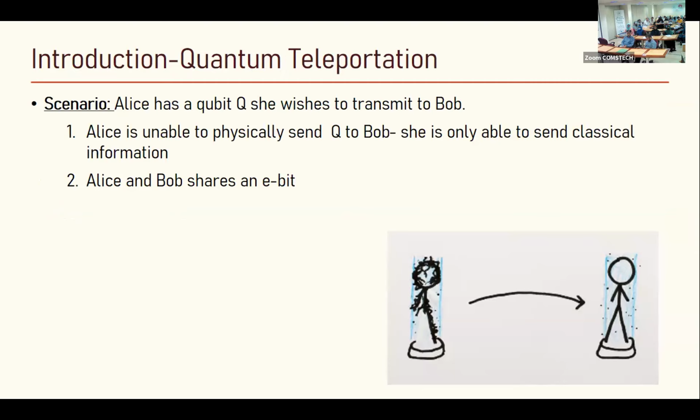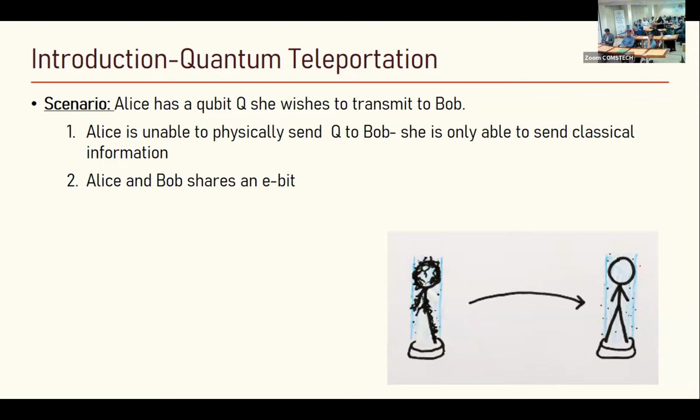What is meant by teleportation in movies? Disappear from one side and appear at the other side in the blink of an eye, right? So what does it mean when we say quantum teleportation? It actually teleports a qubit from position A to position B using a classical channel, right?